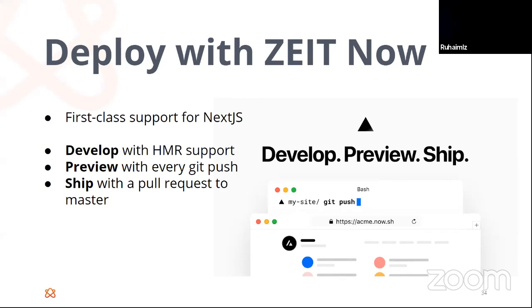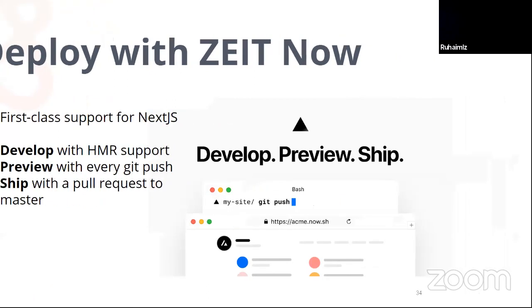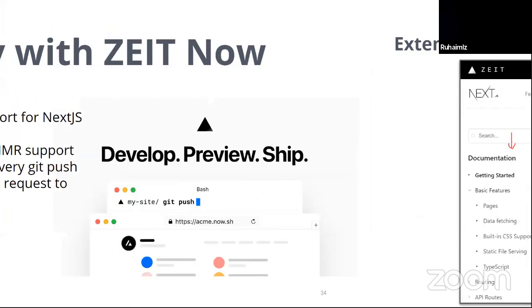Lots of things are happening under the hood, but Next.js and Zeet Now are the same company. They are the creators of Next.js, so they promised that they would give first-class support for Next.js. So this is the easiest way for you to ship something out, but there are more complex ways as well. We would stick to this for the sake of our discussion today.